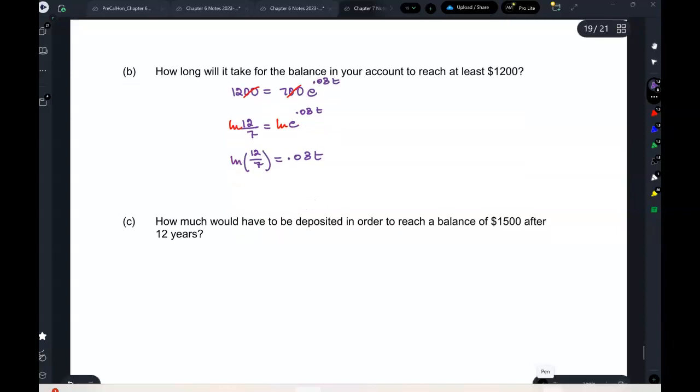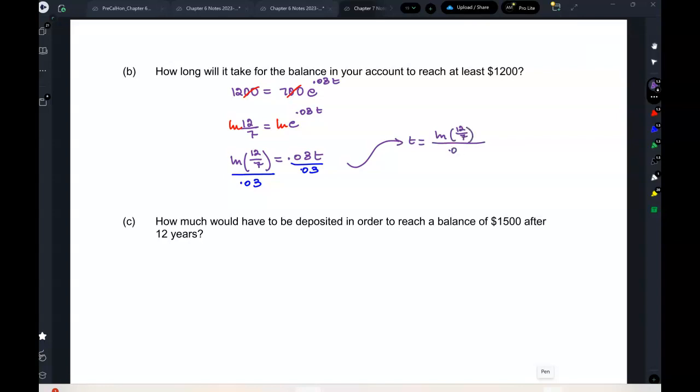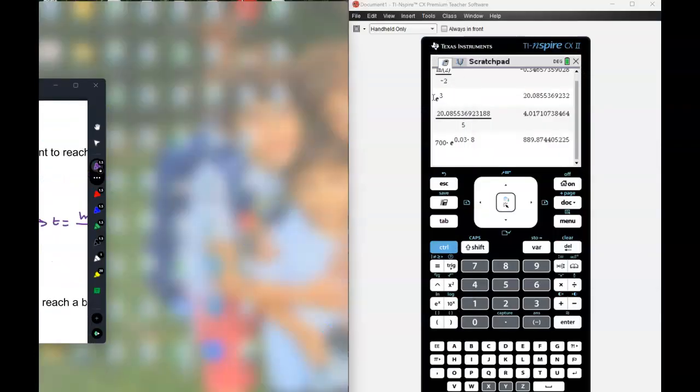And so now how am I going to solve for t? Divide by 0.03. So t is ln of 12 over 7 divided by 0.03. Now let's go ahead and plug that into the calculator.